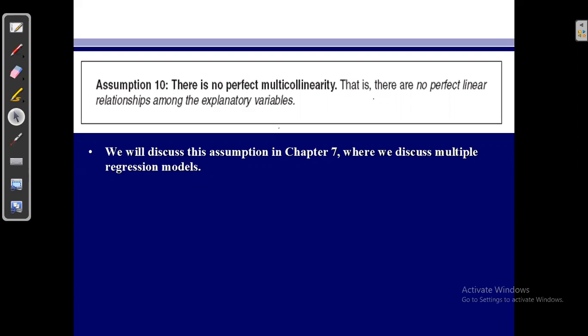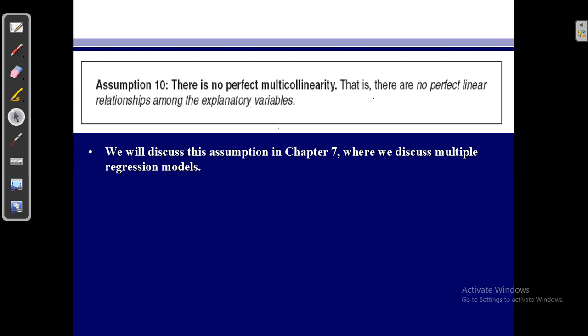Ideally, there should be no correlation between any 2 explanatory variables in our model, but practically it's not possible, which I would explain later. But as I have told you, this assumption number 10 is valid only if the number of explanatory variables in your model is more than 1. As long as there is 1 x variable in your model, there is no concept of correlation, right? And therefore, there is no problem of perfect multicollinearity.